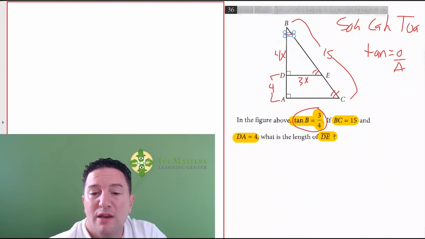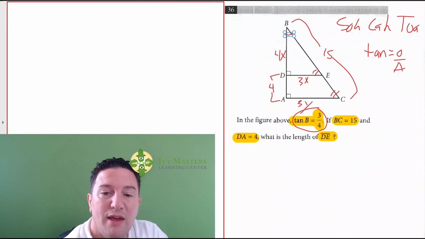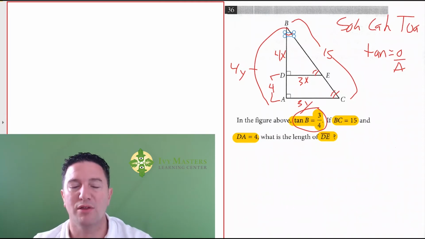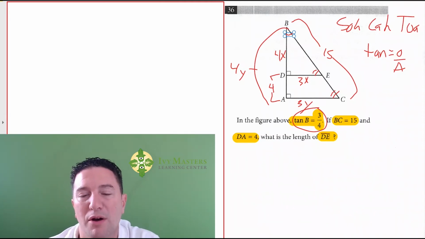Now I could also label AC as 3y, and BA as 4y. Those sides obviously are not the same as the 3x and 4x sides, but they have to maintain that ratio. So how could we solve this?